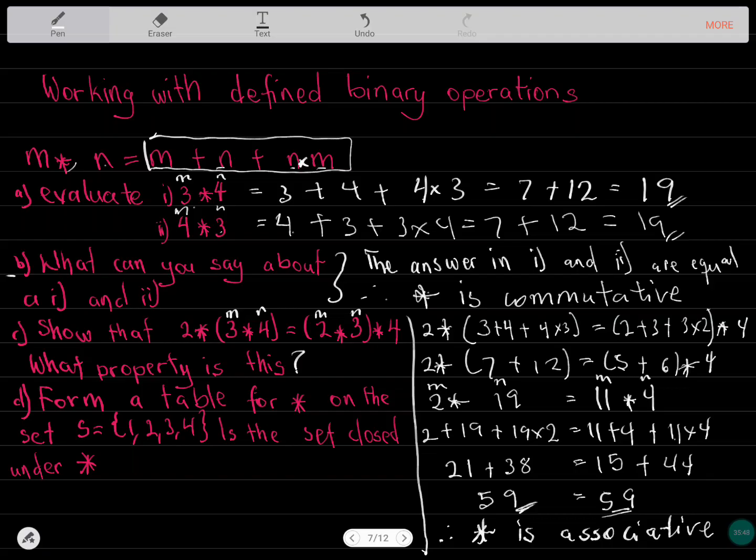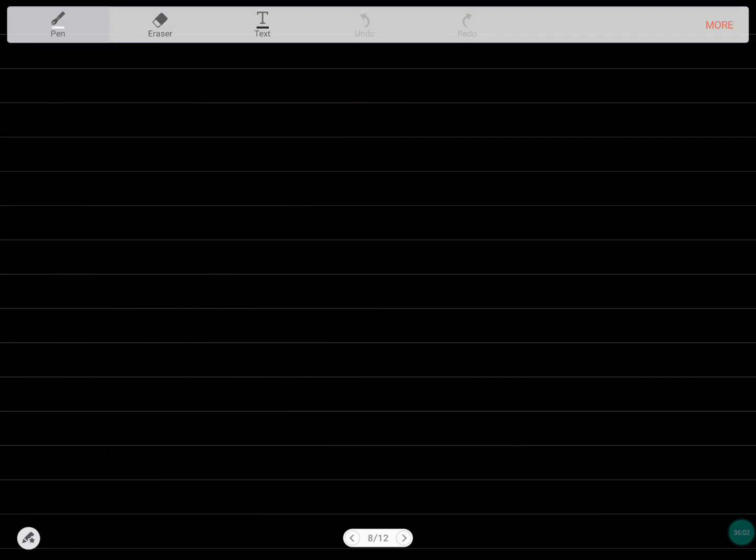Now we are supposed to deal with D, and we've been asked to form a table for star on the set 1, 2, 3, 4. So we'll draw a table here.